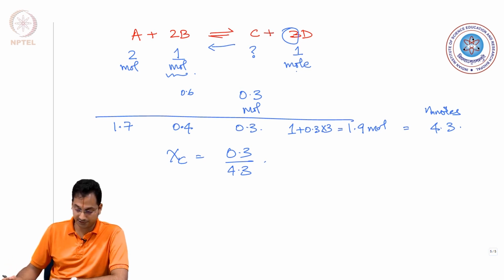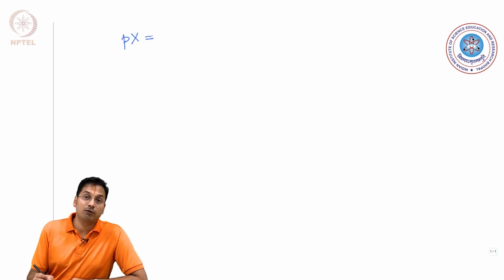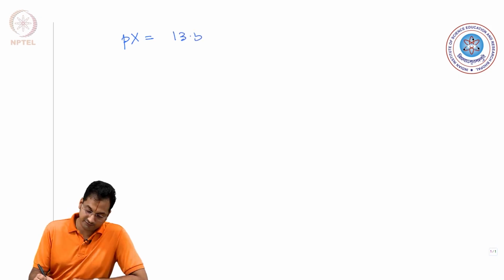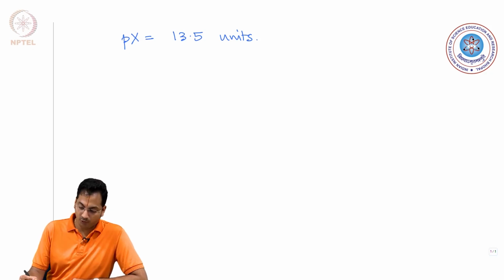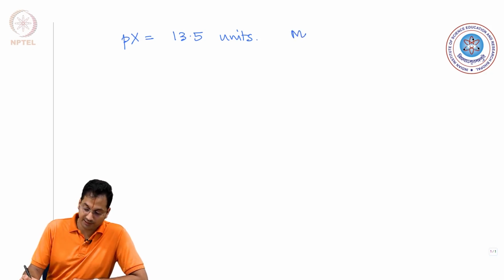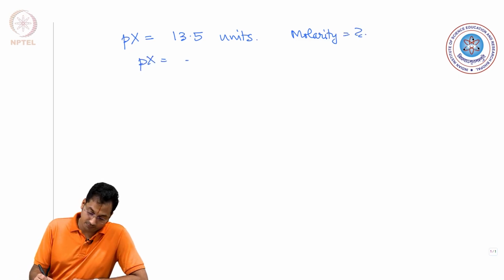Let us take another example right now, where the pX for a given solute is 13.5 units. What is the concentration in molarity? So, pX is defined as minus log of concentration of X in molarity.